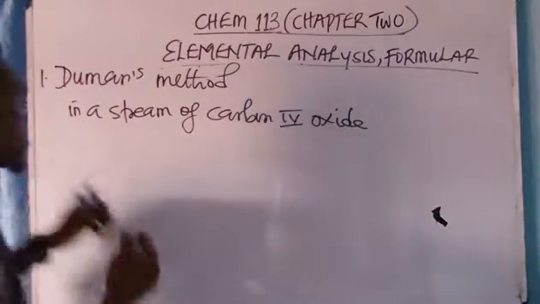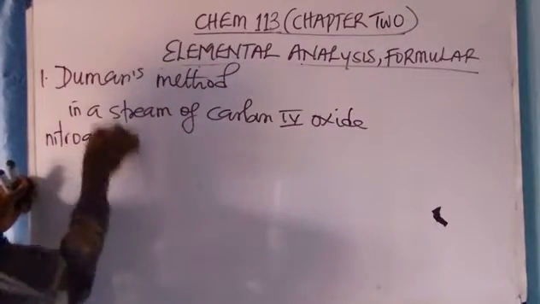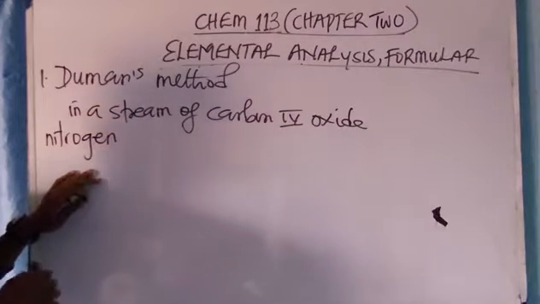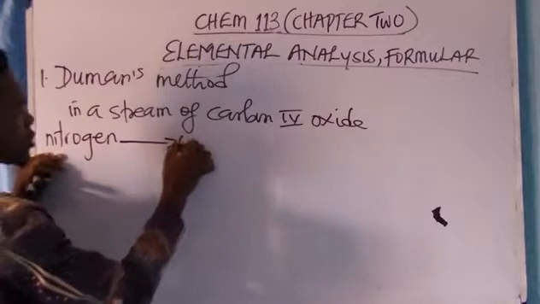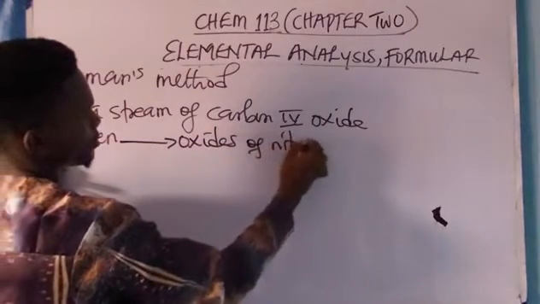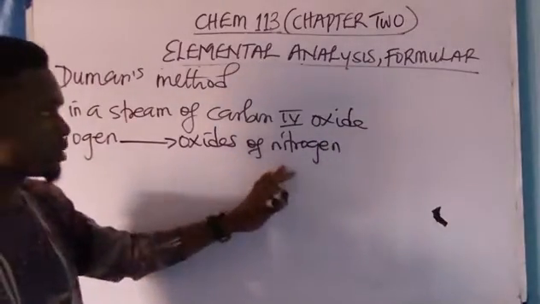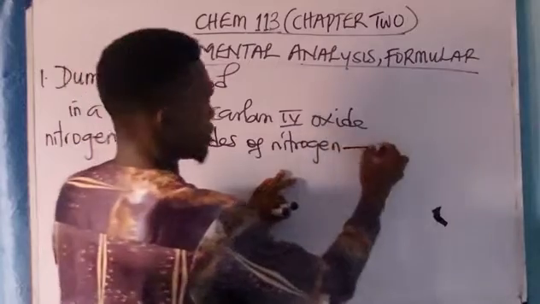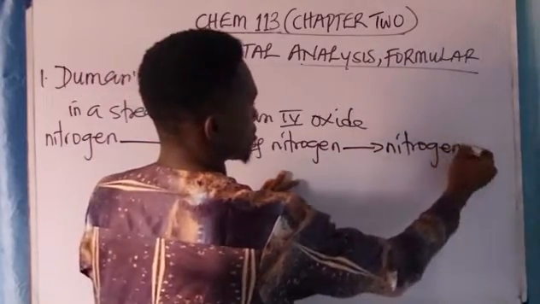As you heat, nitrogen is formed. As the nitrogen is formed, it is followed by oxides of nitrogen. As soon as these oxides of nitrogen are formed, nitrogen gas is formed.